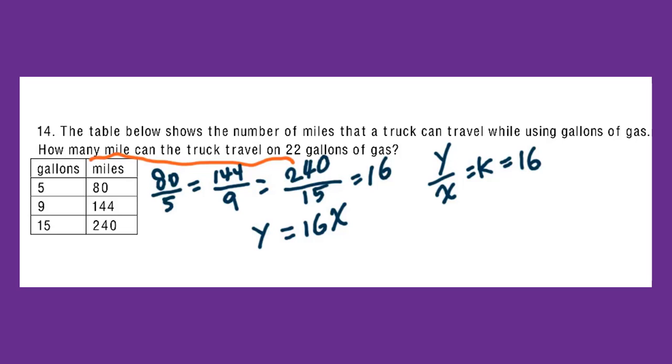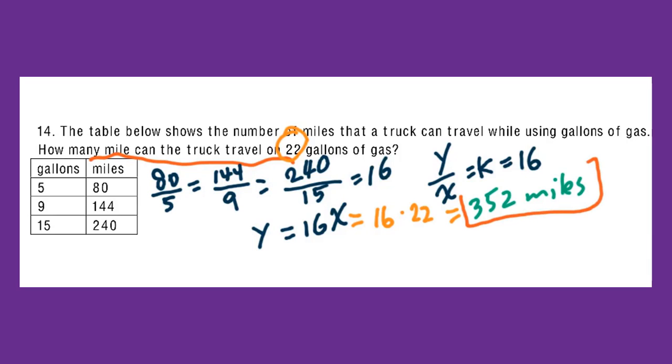Therefore, I plug 22 into this function: 16 times 22. Putting it into the calculator, you will get 352 miles.